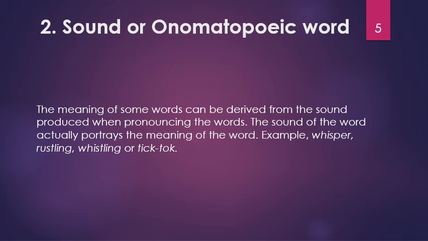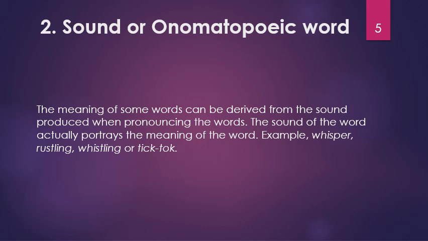The next way of understanding the meaning of a word is through onomatopoeia, what in literature, or rather in figures of speech, we refer to as how the sound of a particular word suggests or evokes its meaning.